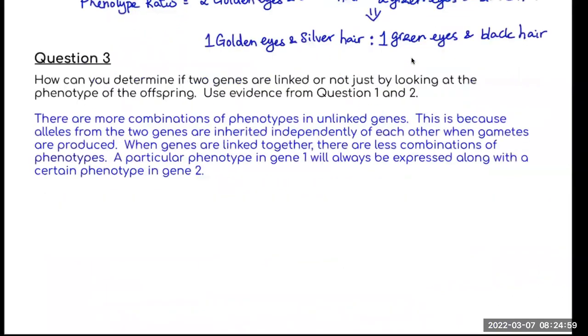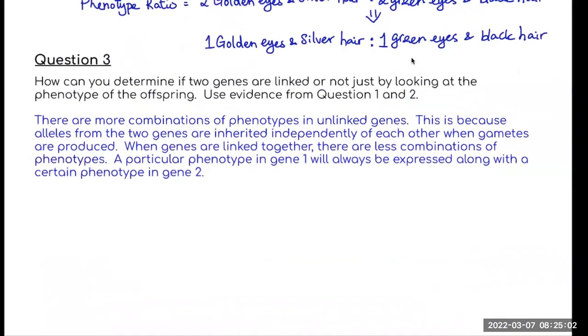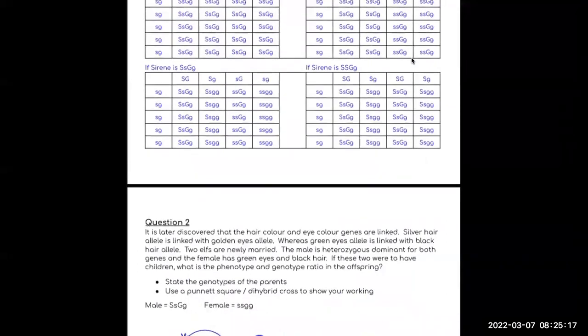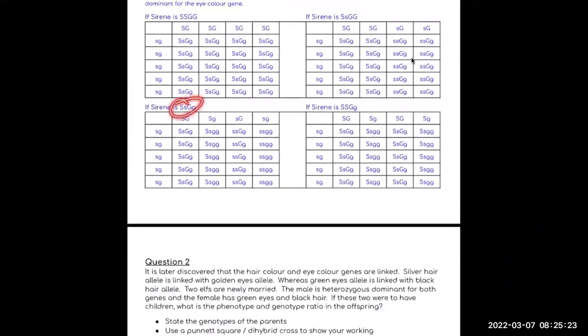All right, last question. What is the difference in linked and unlinked genes, and how can you tell by just looking at the offspring? Now, in questions 1 and 2, you can see that there are way more combinations possible if the parent has a heterozygous genotype.